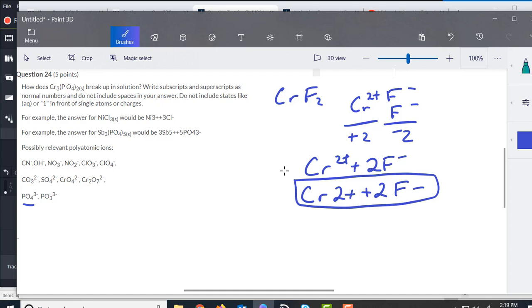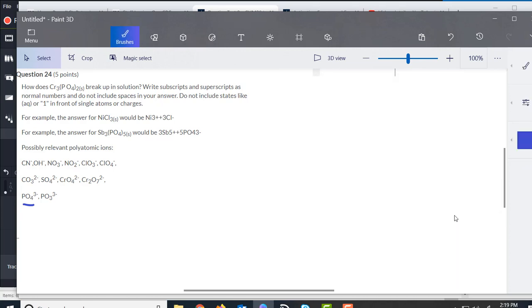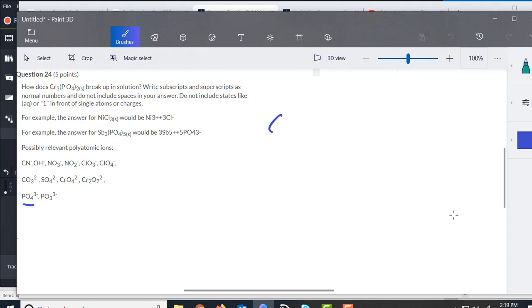I'll do one more, because sometimes this is tricky. Let's say it was something more like this. Let's say it was CuCO3. Now in contrast to this example, you can see that this one has 2 PO4s on it, and we know that because there's a parenthesis there with 2 on the outside.